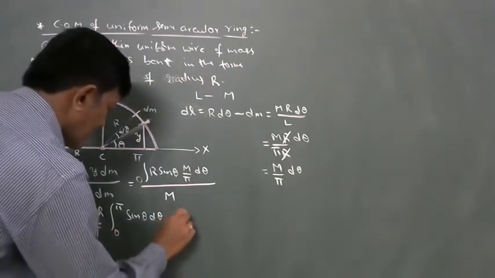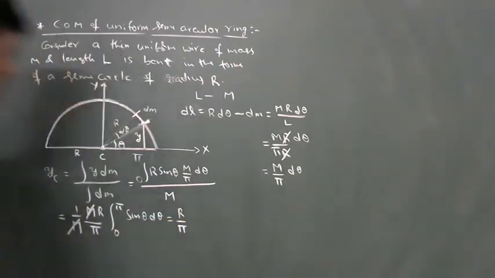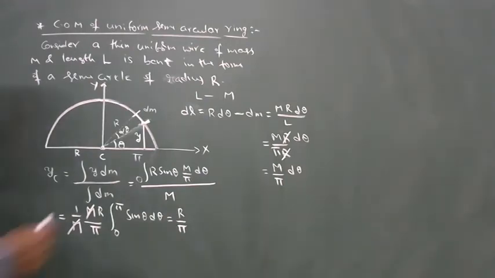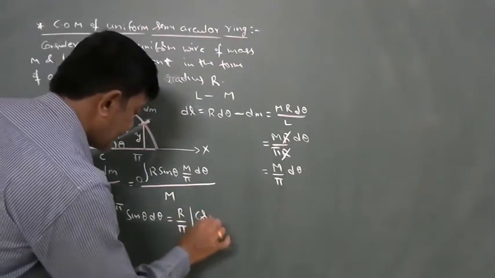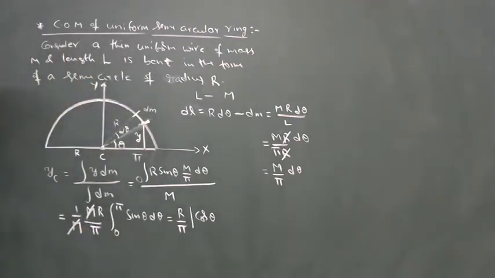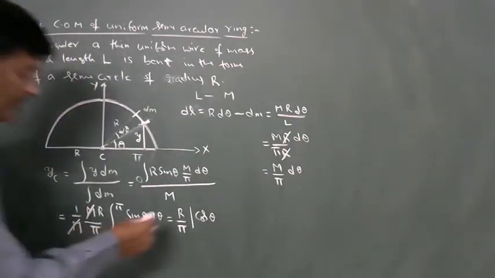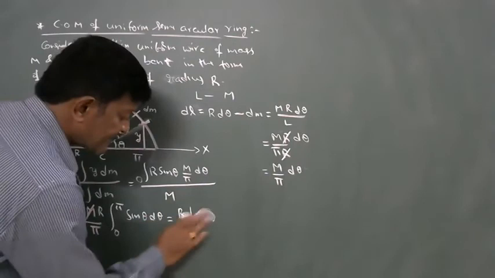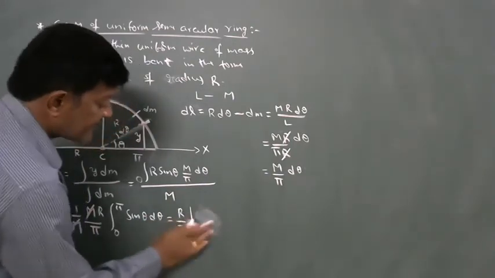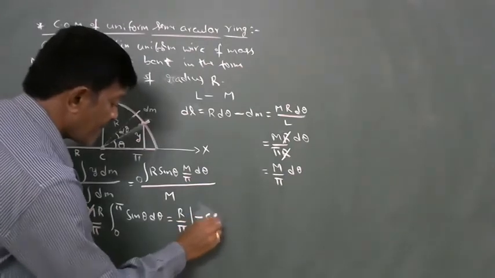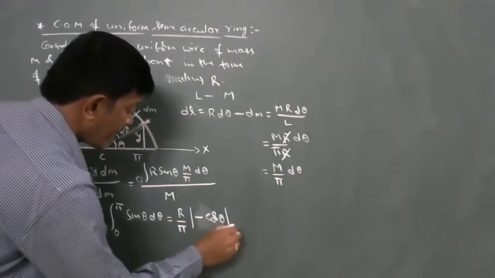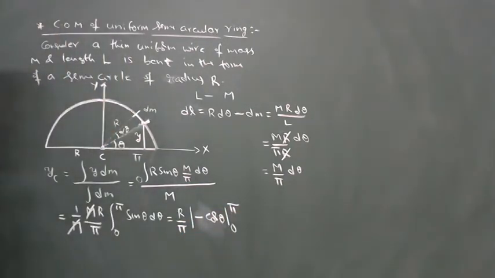This is equal to r by pi into the integral of sin theta d theta. Integral sin theta is minus cos theta. For differentiation it is cos theta, for integration minus cos theta. Integral sin theta d theta is minus cos theta.